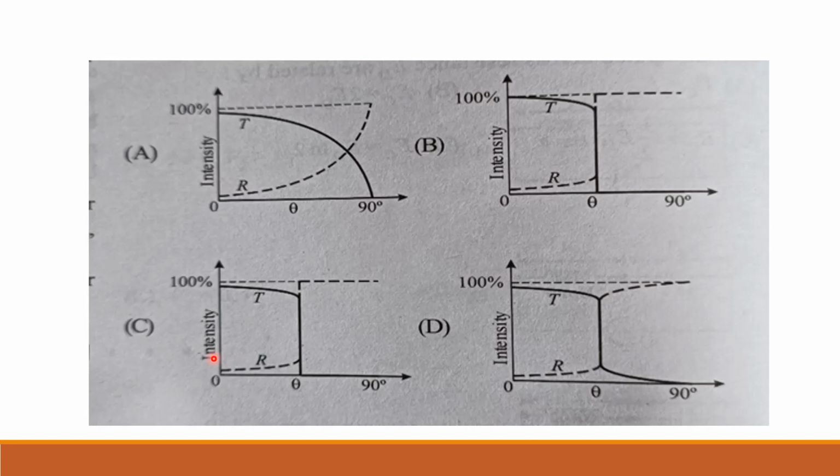Now see carefully. First graph, you can see transmission, meaning refraction, gradually decreasing, which is wrong. Next, coming to option D, here also it is decreasing gradually, which is not correct.